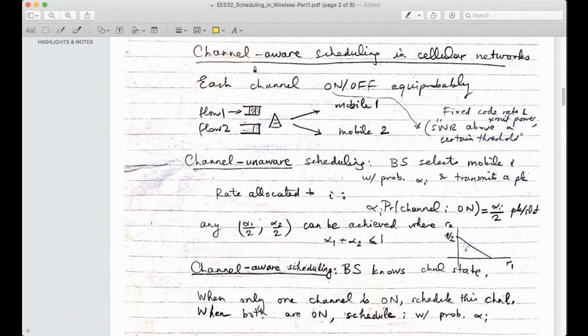The purpose of this section is to show how much more we can achieve by channel aware scheduling. Because channel unaware scheduling would be the usual second generation cellular communication, the original GSM system in Europe, for example.